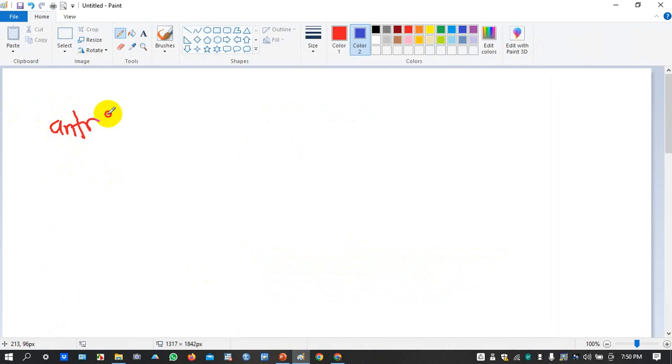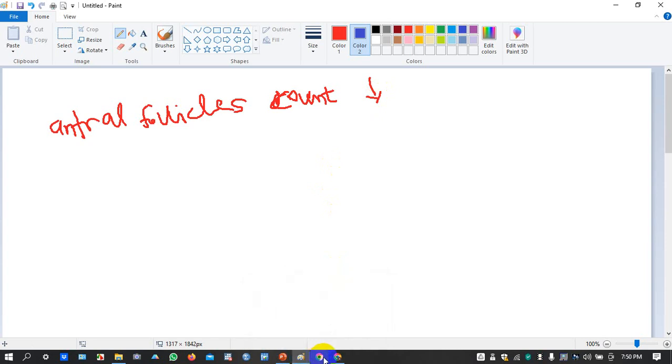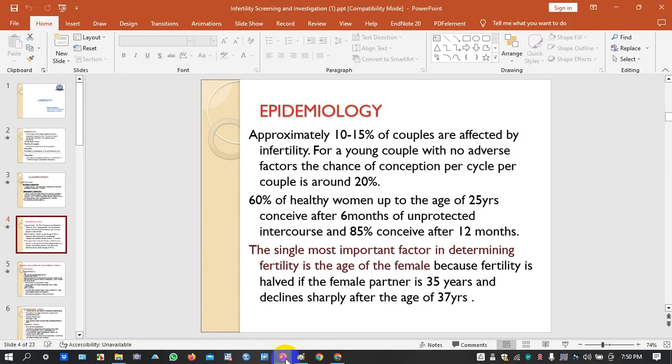Your antral follicular counts, the follicles that store and release the eggs, will decline as you age. So you have to be careful. Give birth early. From 20 years and onwards, you start making advances and giving birth. Because after 35 years, sorry for you.